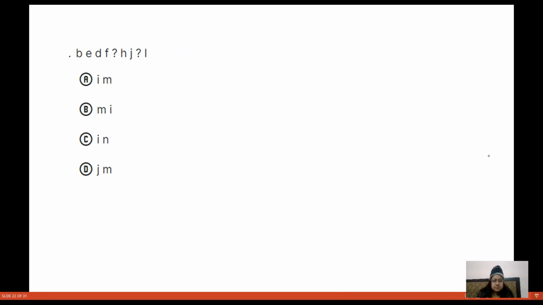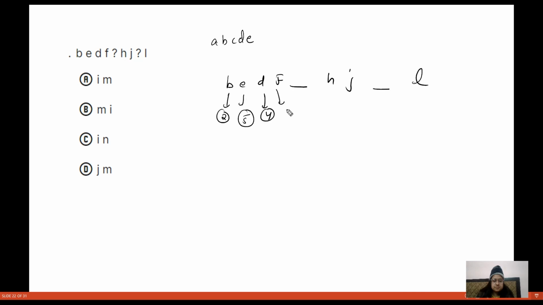Now let us look at this also. B, E, D, F, then dash, then H, then J, then I think this is L. Okay, so B is 2, E is 5, D is 4, F is 6, then we have blank.